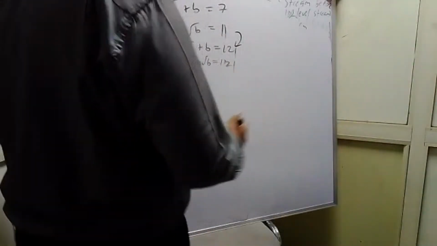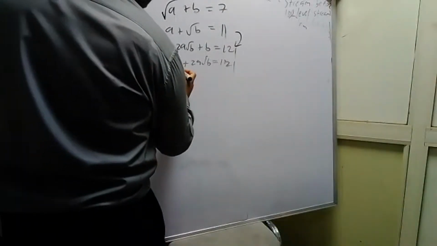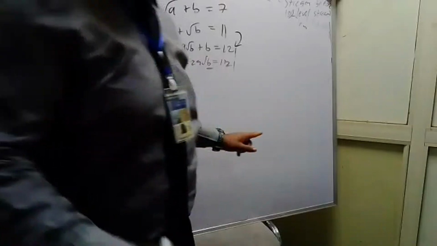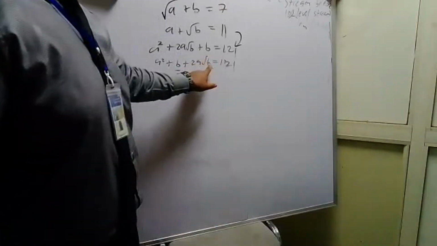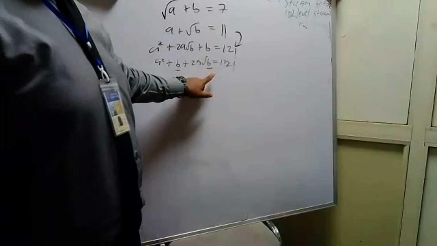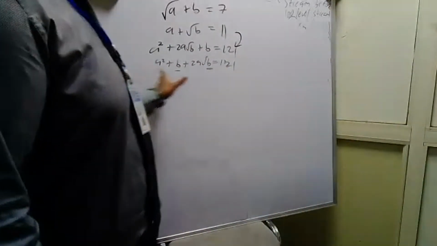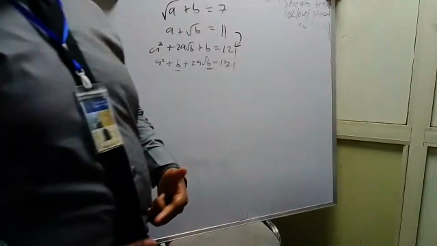We have this b here and we have root b here. I want to look for a way to remove this b and this root b, so I'll have the whole expression in terms of a. I can now solve for what a would be.